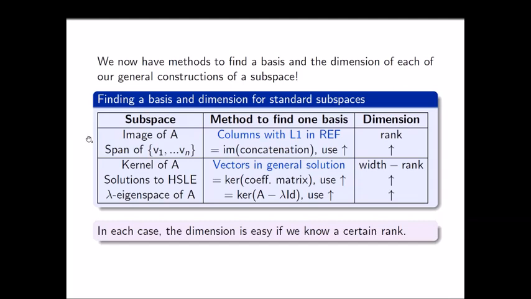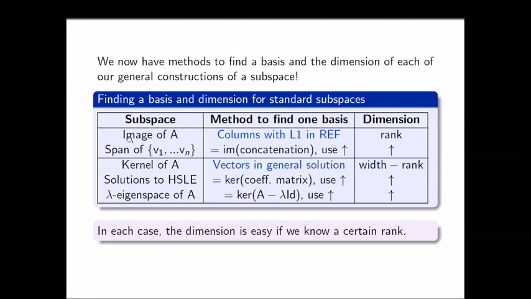There is the image of a matrix, the span of a few vectors, the kernel of a matrix, solutions to a homogeneous linear system, and eigenspaces of a matrix A. The first two are similar to each other, and the last three are similar to each other as well. At this point, we have methods to find a basis and the dimension of each of these subspaces.